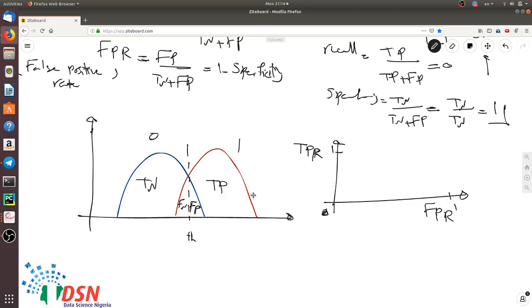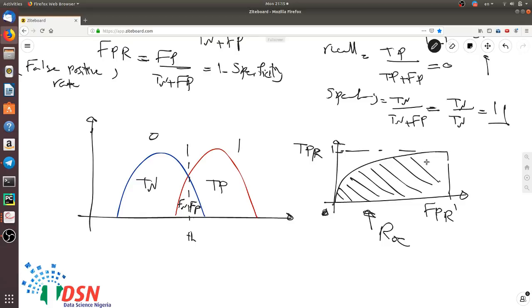If you plot the true positive rate versus false positive rate, you will see something like this. We call this plot ROC, or receiver operating characteristic, and it gives you a measure which is the area under the true positive rate versus false positive rate curve.